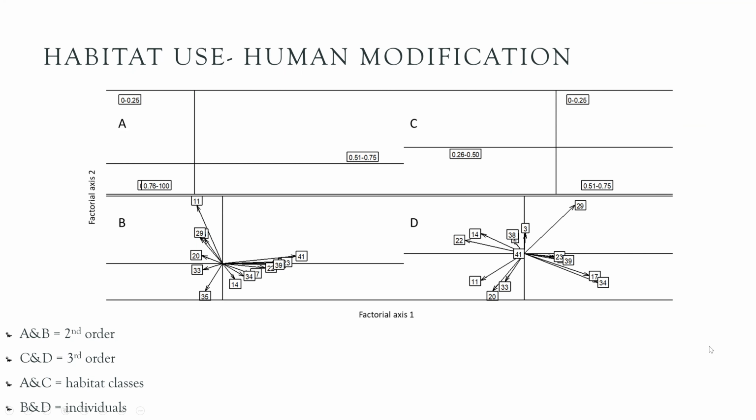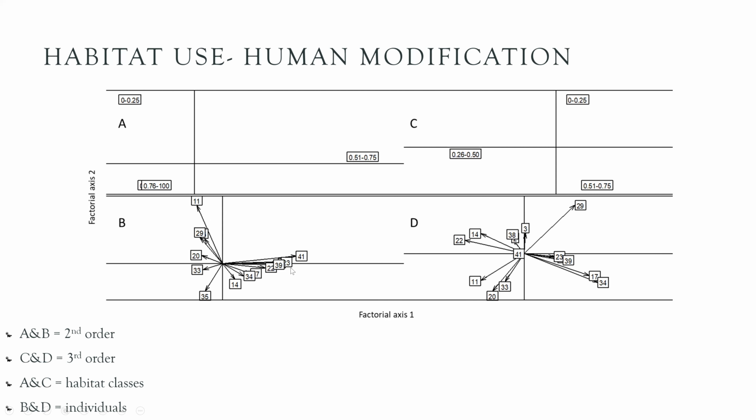Okay, as we move into human modification categories, human modification was based on a scale of 0 to 1, with 0 being no human modification and 1 being high levels of human modification. So we can see our categories are broken up here, 0 to 0.25. There's a 0.26 to 0.5 down here, and so on and so forth, all the way up to 1.